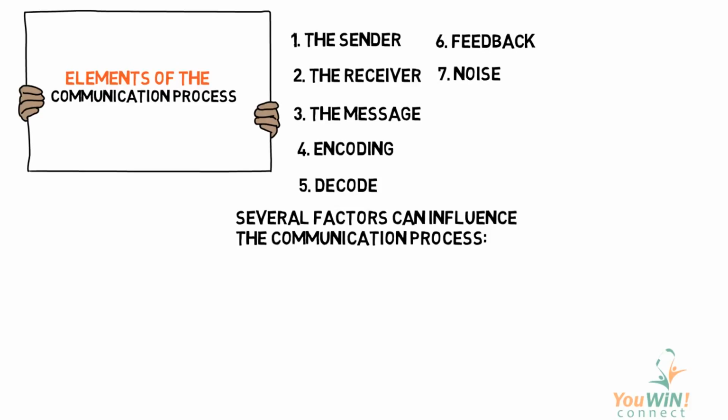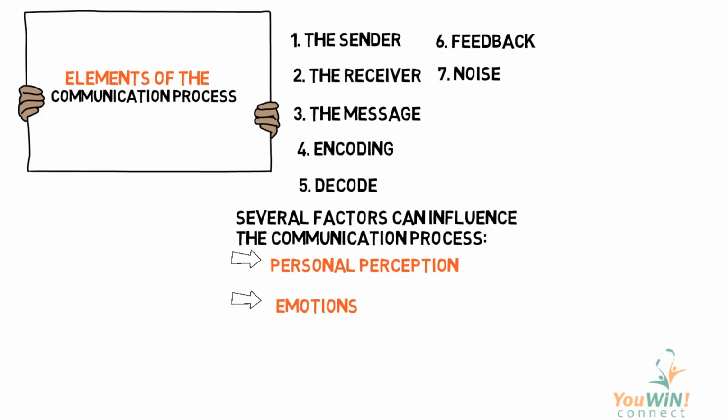Several factors can influence the communication process. We're going to look at 3 major factors. The first one is personal perception, and this is the way a person perceives or sees his environment through a personal viewpoint. Perception is influenced by your values, your upbringing, and your beliefs. The second is emotions. Emotions can influence both the sender and the receiver.